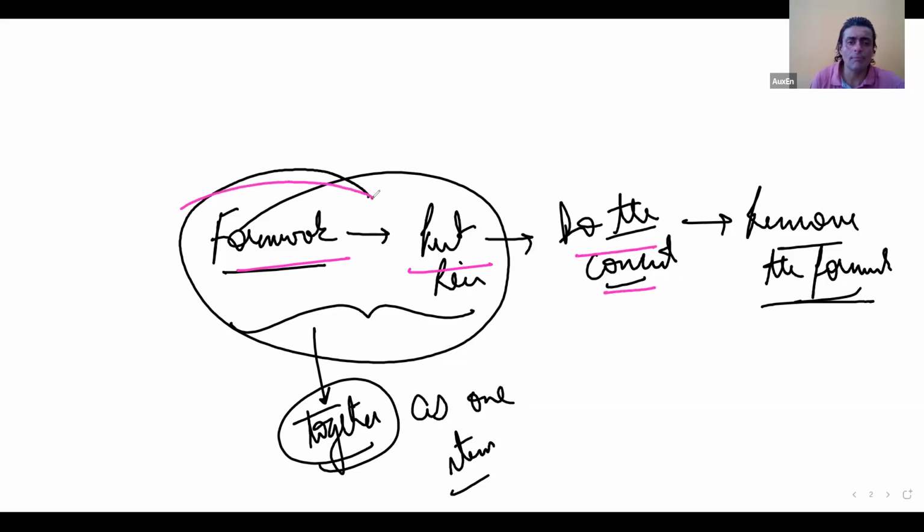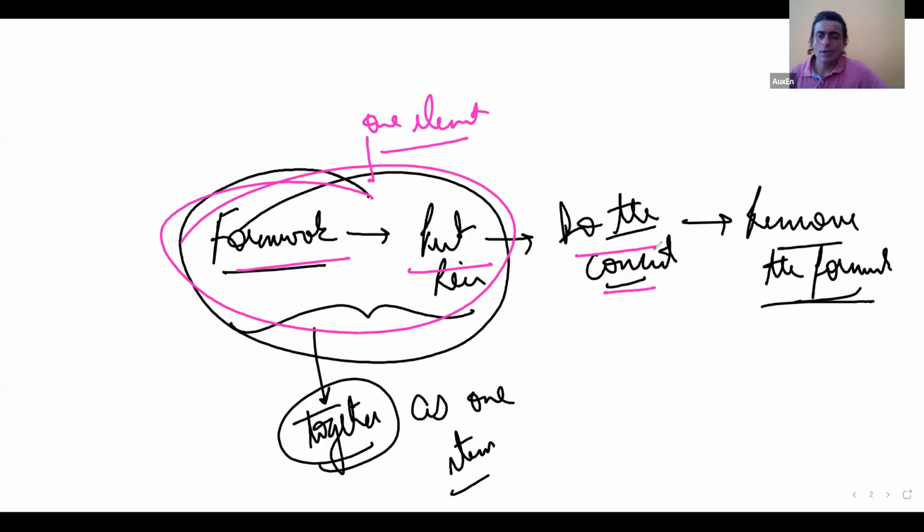Now, what if I could combine these two items in one element itself? That what I am putting as a formwork acts as my reinforcement also. I'm able to do the concreting, and this formwork is, let's say, self-supporting, so I don't need to put any scaffoldings also. And after concreting, I don't have to remove anything also, and I don't need to put any additional reinforcement also, because this formwork itself will act as the reinforcement.